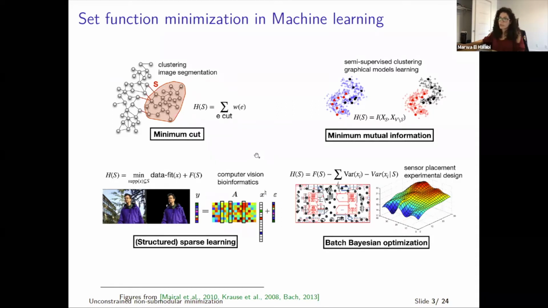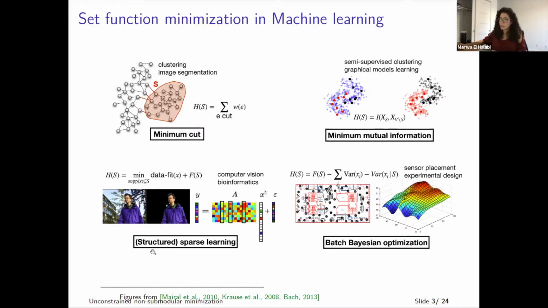These problems come up, for example, in clustering and image segmentation. Another example is where we would be interested in minimizing the mutual information between variables indexed by the elements in set S and variables that are outside the set S. These come up, for example, in graphical models learning and semi-supervised clustering.